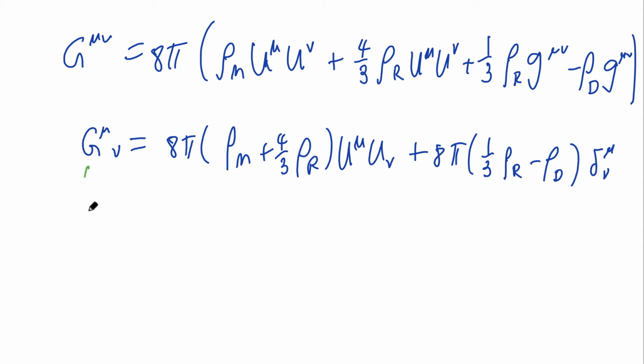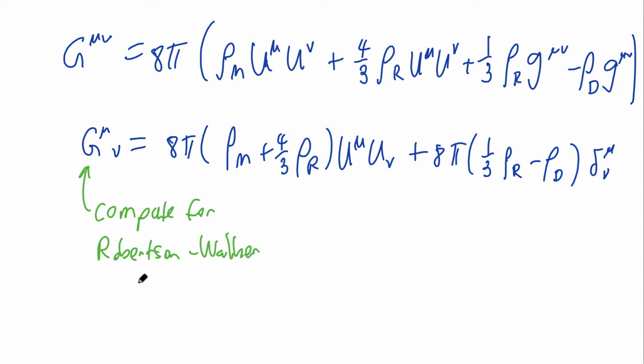And now we just need to compute the Einstein tensor for the Robertson-Walker metric. And we can set u upper mu equal to 1, 0, 0, 0, and u lower nu equal to minus 1, 0, 0, 0.